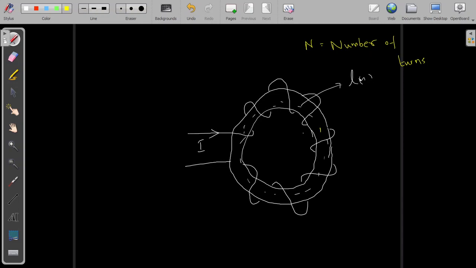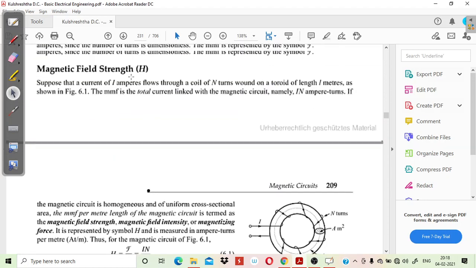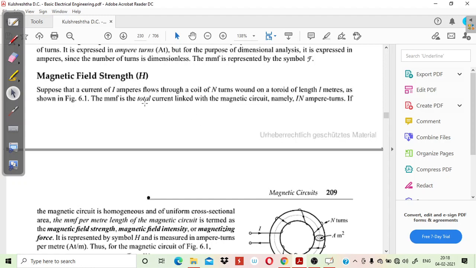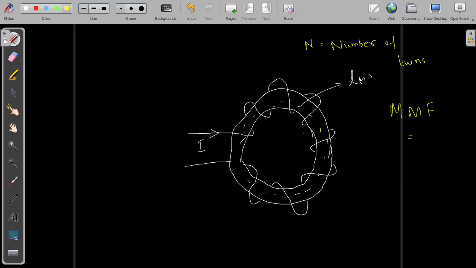Now we are going to define the magnetomotive force, MMF. It is defined as the total current linked with the magnetic circuit, namely NI.